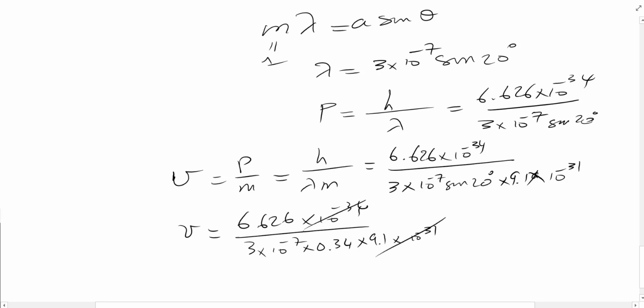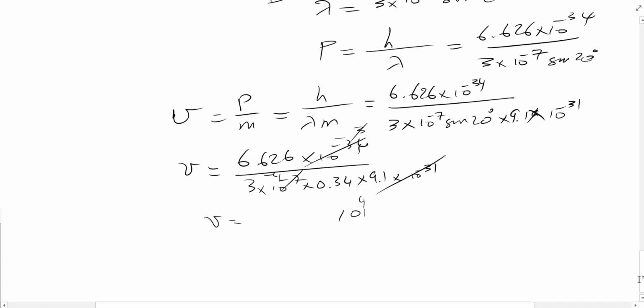Negative 31 and negative 34, that is negative 3. Negative 3 and negative 7, that is negative 4. Now the velocity, we have to be careful with it, because we don't want any number greater than the speed of light, for one thing. That's why I'm going to do this calculation quickly on a calculator.